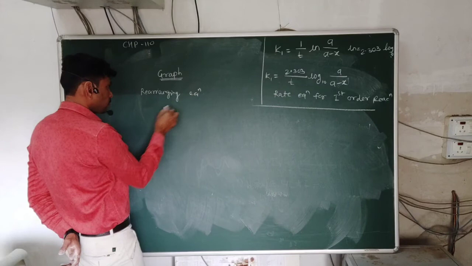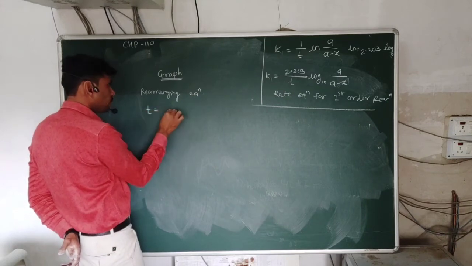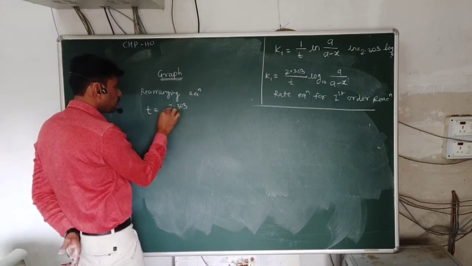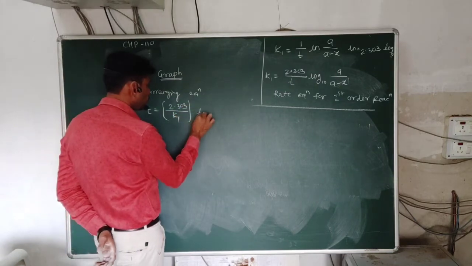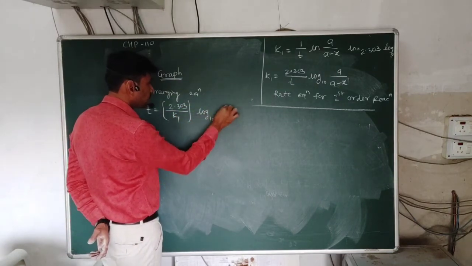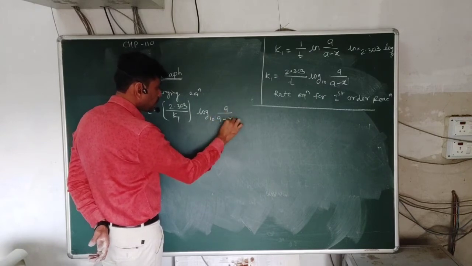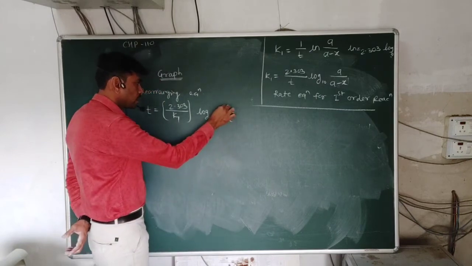So t equal to 2.303 upon k1 into log to the base 10 A upon A minus x.